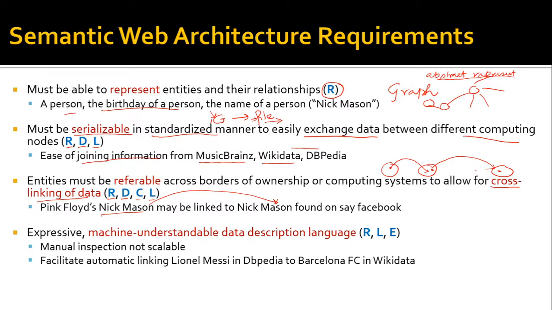So it should be expressive enough, and on top of that, it should be written in a language so that it is understood or interpreted by machines. And again, we are talking about representation, loose coupledness, and ease of consumption and production or publishing, right?